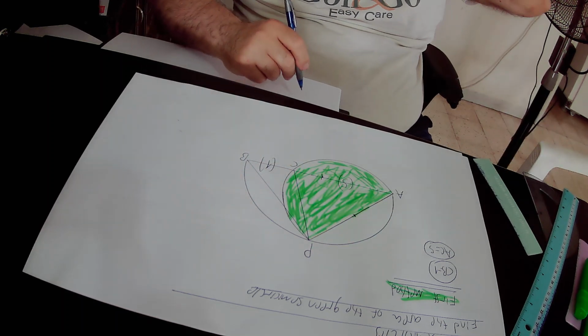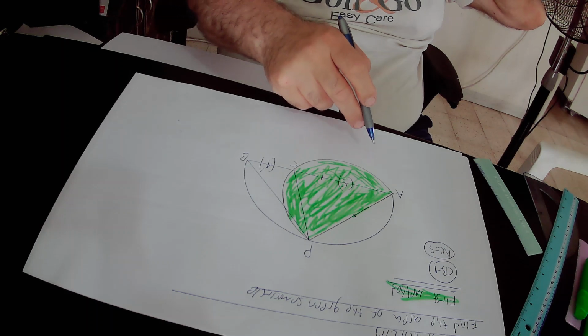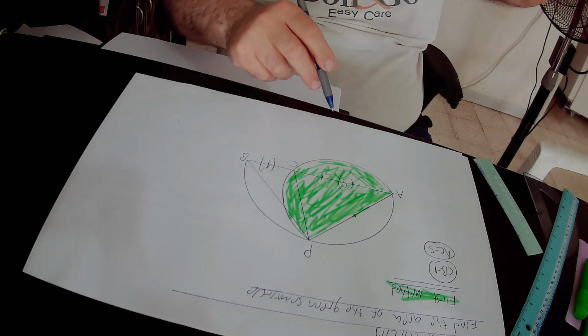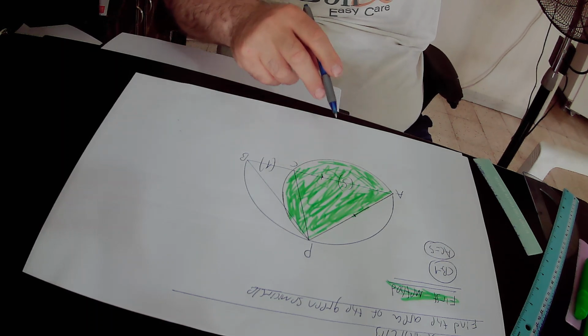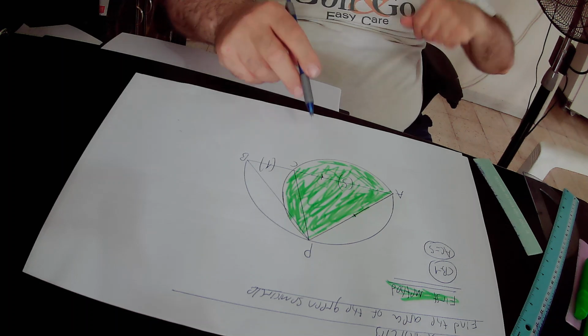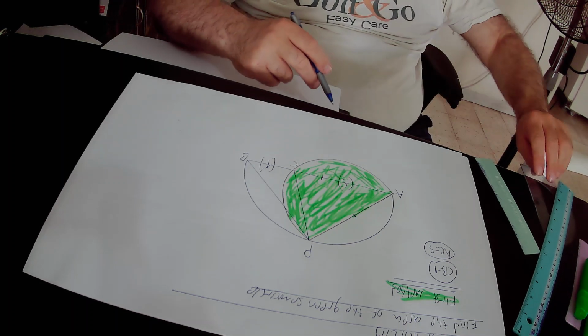In the next step, I'll copy this green semicircle in a new page and we will implement rule 7 on this green semicircle.